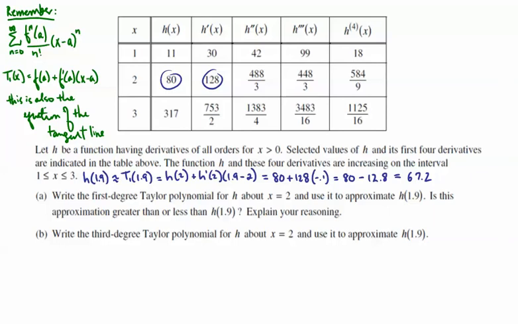So that is the approximation of h of 1.9 using the first degree Taylor polynomial for h about x equals 2.